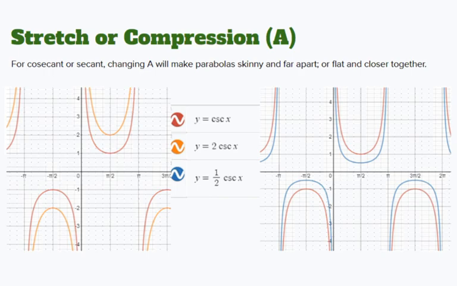Here, now, when we're talking about cosecant, they chose cosecant to use as our example. I want us to consider the parent function in both cases. They graphed it here both times.